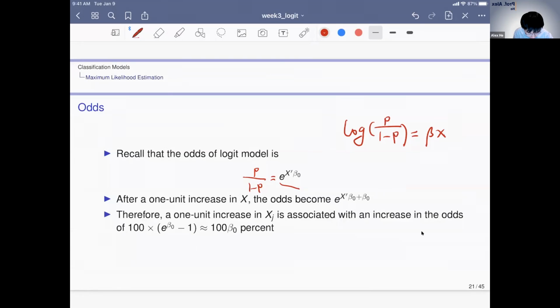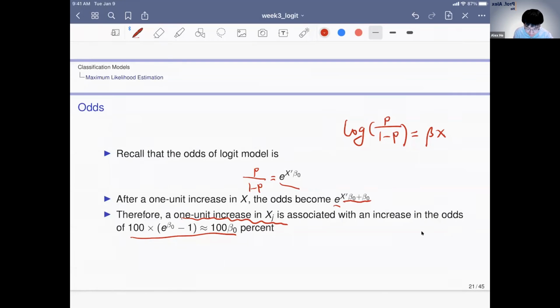And now for a 1 unit increase in x, these odds would just become e to the beta x plus beta. And what does that mean? It means that a 1 unit increase in x is associated with an increase in the odds of this much percent.